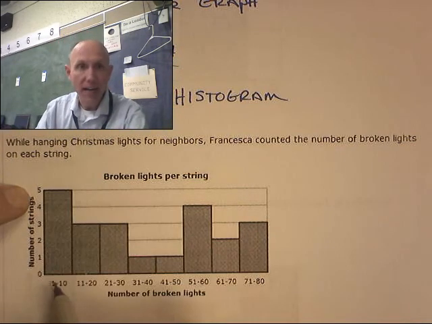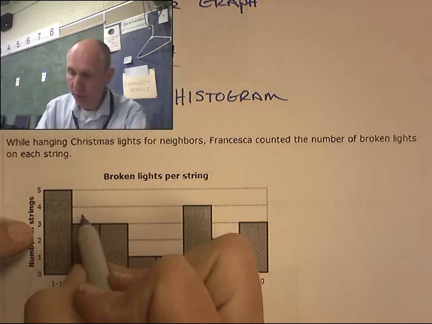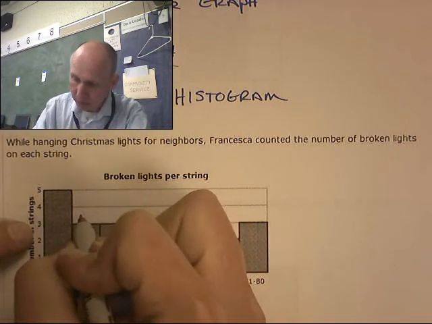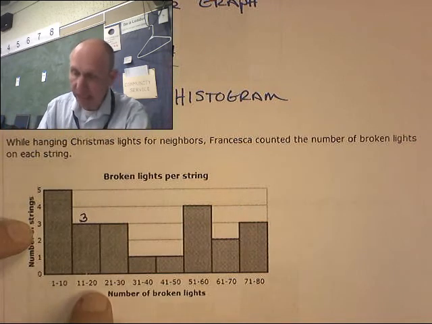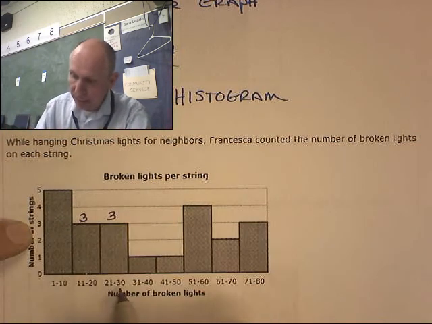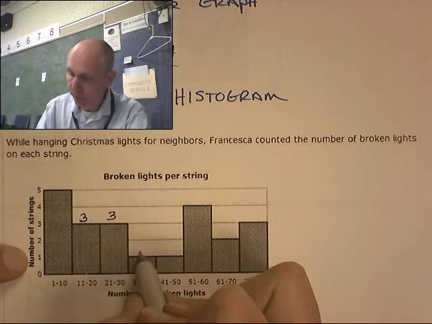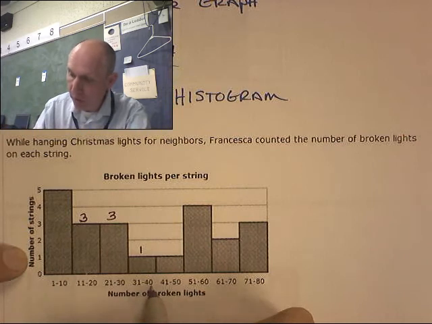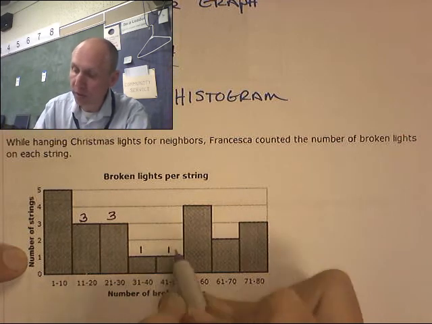So 5 strings had between 1 and 10 broken lights. 3 strings had 11 to 20 broken lights. 3 strings had 21 to 30 broken lights. 1 string had between 30 and 40 broken lights.